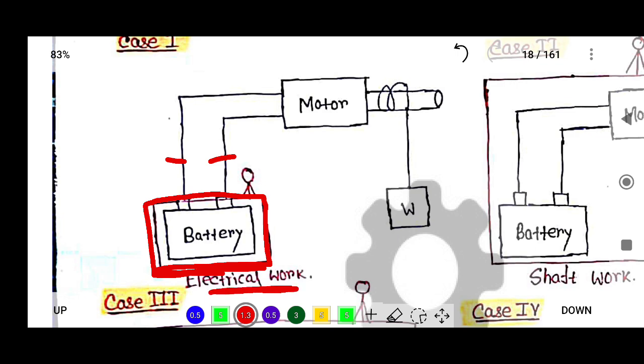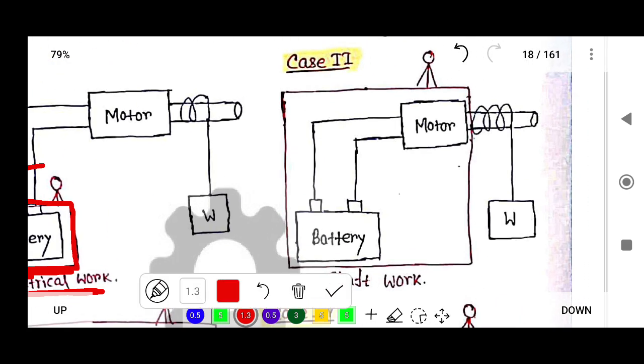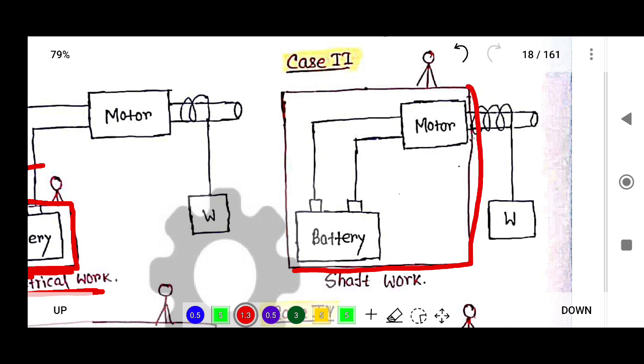Now if the boundary changes, suppose this is our boundary, then the motor shaft is rotating to lift this weight, so this is shaft work.